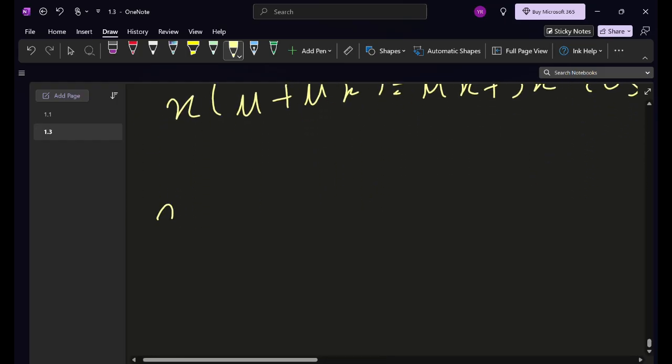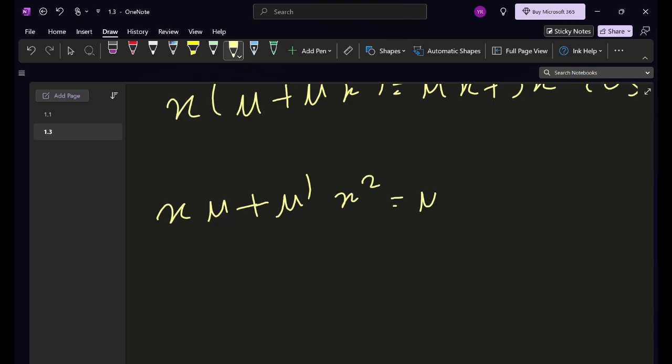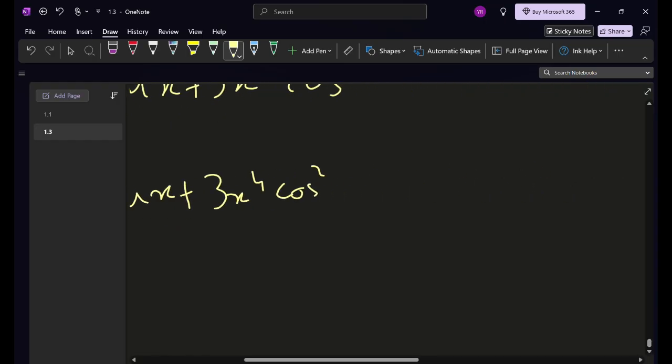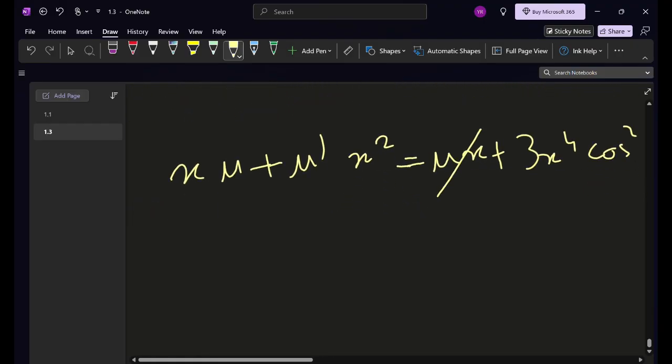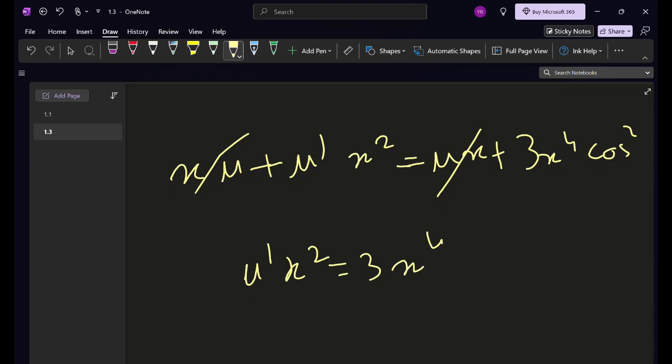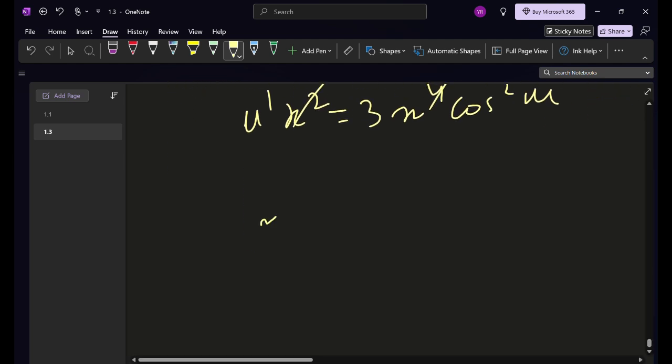Multiplying the x inside, we get xu plus u dash x square is equal to ux plus 3x to the power 4 cos square u, and then this gets eliminated, so this can be written as u dash x square is equal to 3x to the power 4 cos square u.